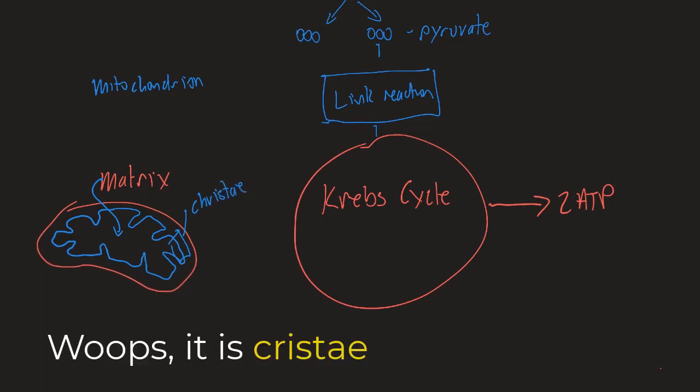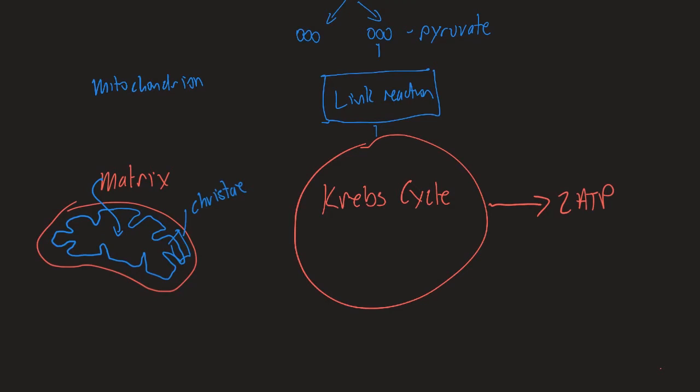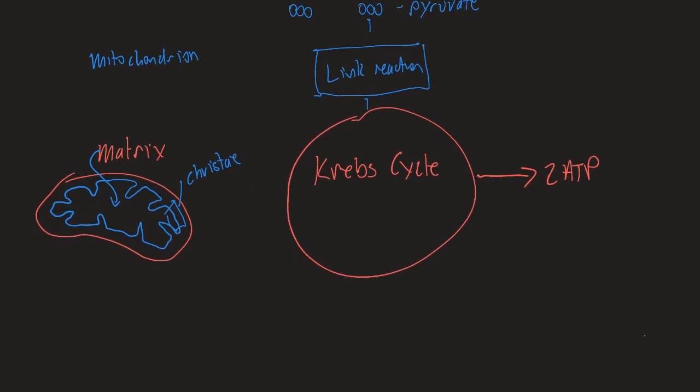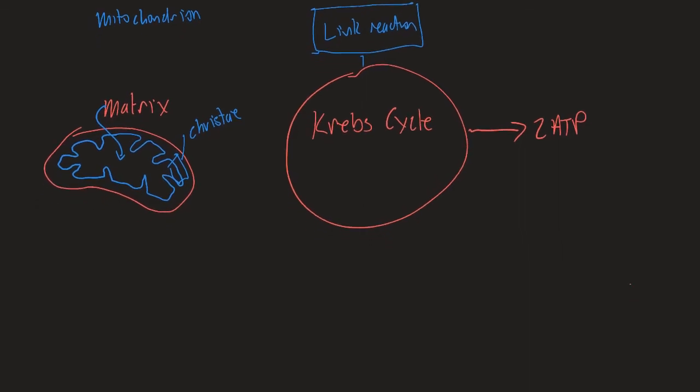Okay, we don't need that right yet. Krebs cycle occurs in the matrix. A little bit of ATP, but big deal really. The most important output of the Krebs cycle is high energy electrons, and we also have protons.